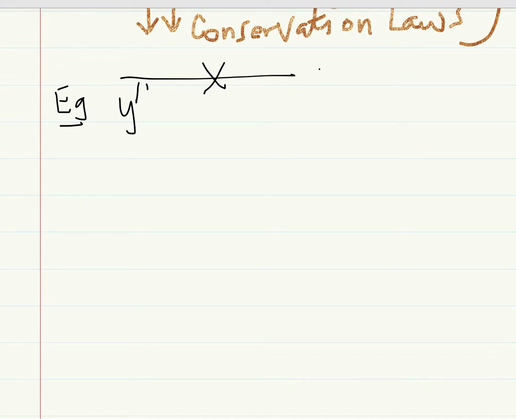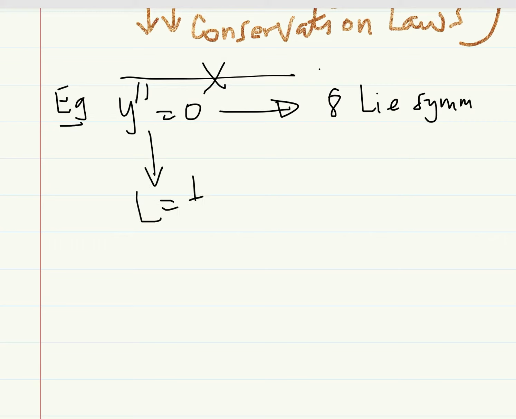If we have y double dashed equal to 0, this differential equation, like the previous one, has 8 Lie symmetries. Via its Lagrangian, a half y dash squared, we will end up with 5 Noether symmetries, and that is going to be one of your exercises, by the way.